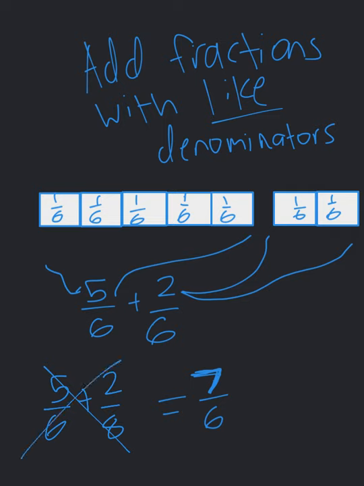We would have to get the same number on the bottom and find a common denominator, which I've gone over with some of you a little bit, but we're not going to worry about that quite yet. So instead, today, we're going to be focusing on just adding these fractions that do have the same number on the bottom, okay? Adding these fractions that do have like denominators.